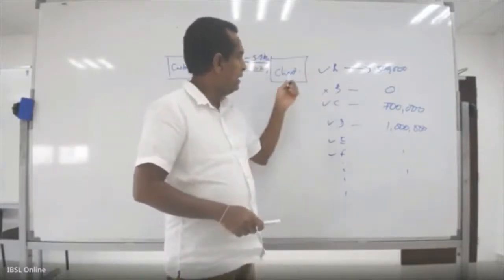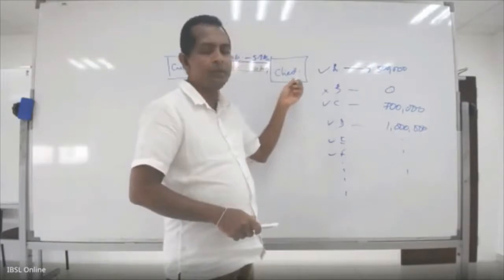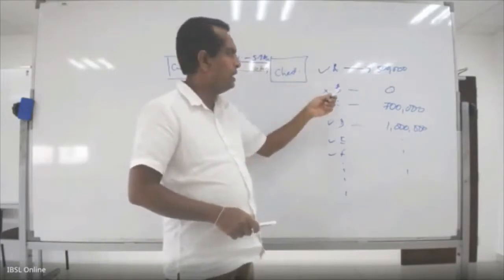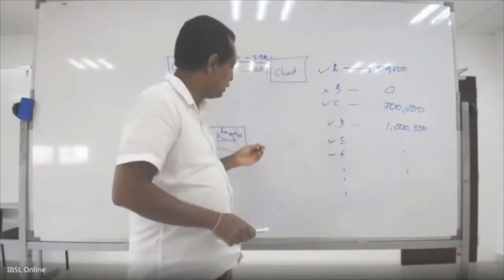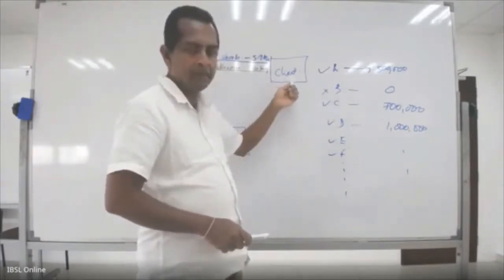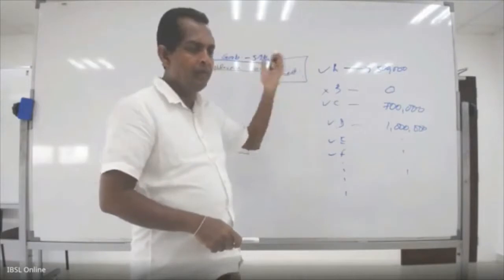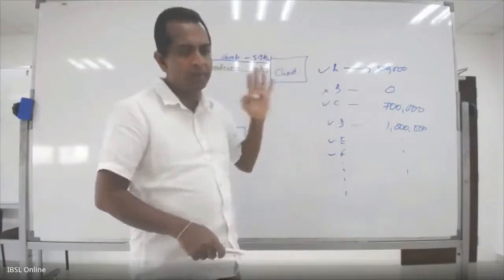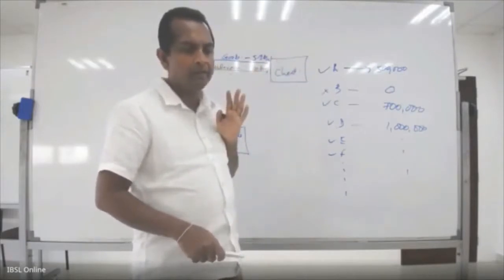Right? If the trainer shoes seller goes and sells to B, he will not get money from the bank. He has to bear that money. After a month, he can wait and collect. That is his problem. We are not looking at that.